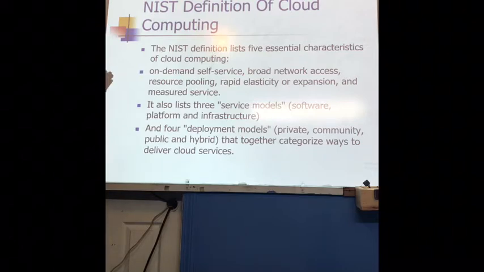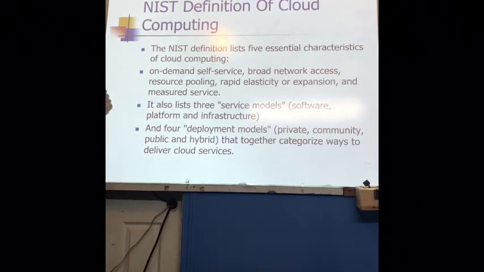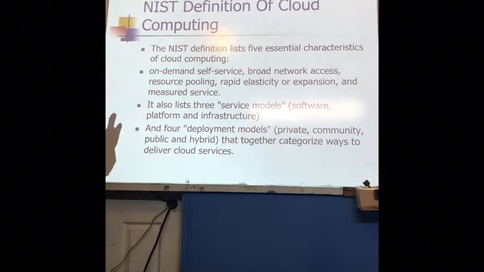The same organization, NIST, also lists 3 types of models. So if you're dealing with cloud computing, you will have to focus on those 3 models: software as a service, platform as a service, or infrastructure as a service.